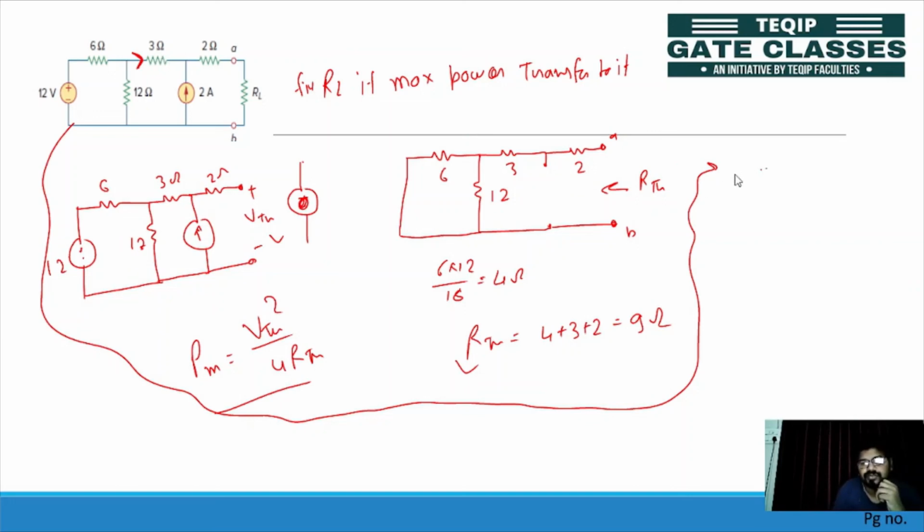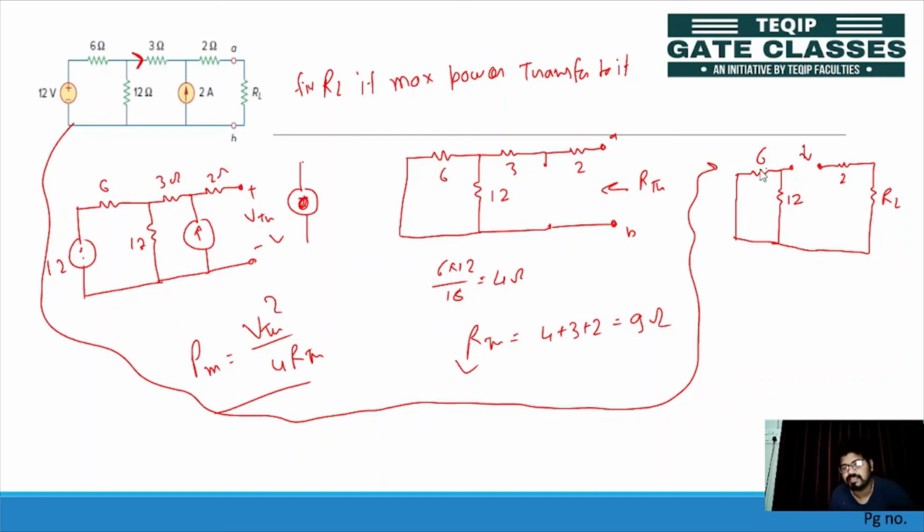Okay, so your circuit will be like this. This is shorted, this is 12, and this is your open circuit terminal, that was your load. This is 2, this is RL, this is 12, this is 6. Now you have to find RTH from this terminal, and this RTH will be equal to the load that you have removed, that is 3 ohm.